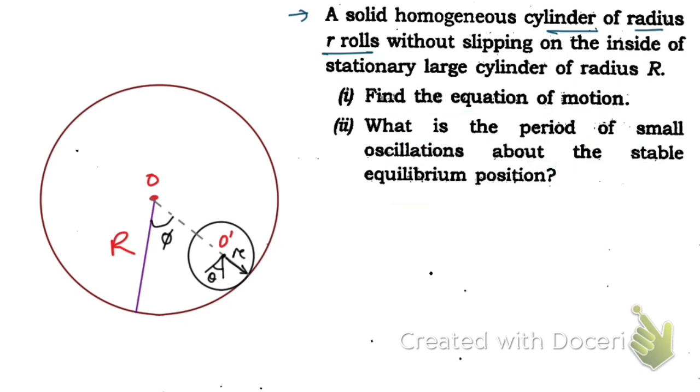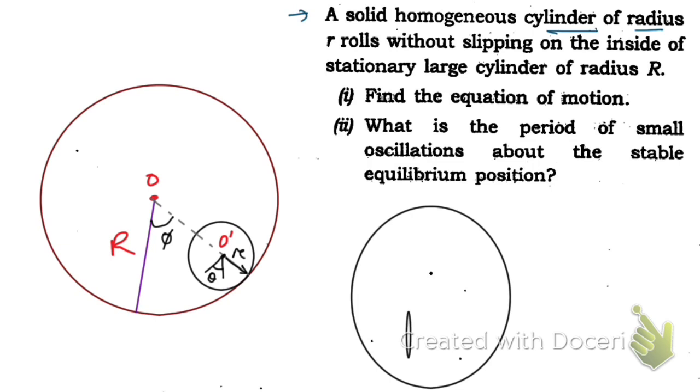So that means this is not a circle, this is a cylinder. I have drawn the side view only, and this is the smaller cylinder within this larger cylinder, right? Now first let us consider the stable position, that is the equilibrium position. This is the equilibrium position of the larger cylinder, and here is the smaller cylinder within it.